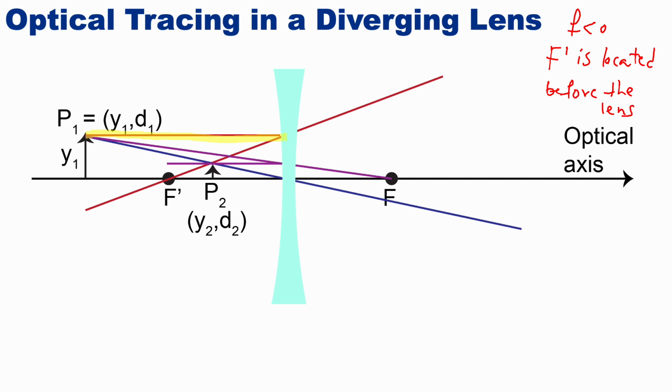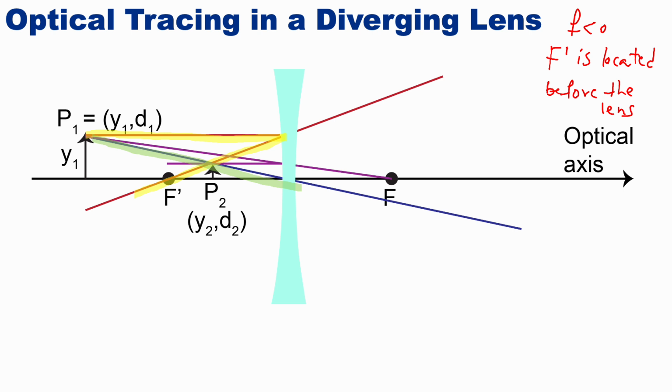But now the image focal point is in this location. The other ray is the one that goes through the center, which is pretty straightforward to draw. And then you already have the intersecting point of the two rays. You can also draw the third ray, which is the one going to the object focal plane, and when it meets the lens, it just goes straight.